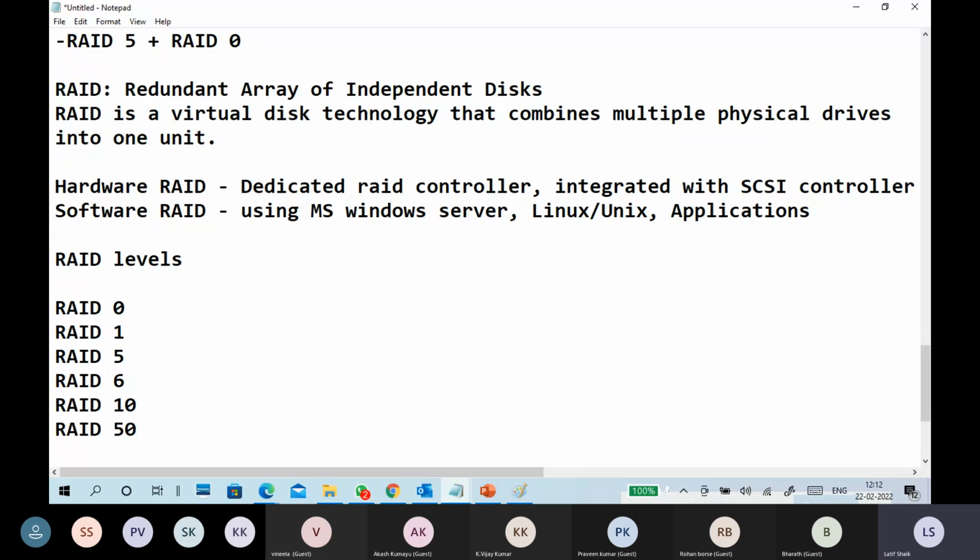If in an interview anyone asks, is RAID 7 there, is RAID 8 there? Yes, it is there, so don't worry. The problem is it's not implemented. It is not suitable for enterprise solutions, so that's why we are not talking about it. Guys, what is RAID 5? RAID 0. So what is RAID 0?